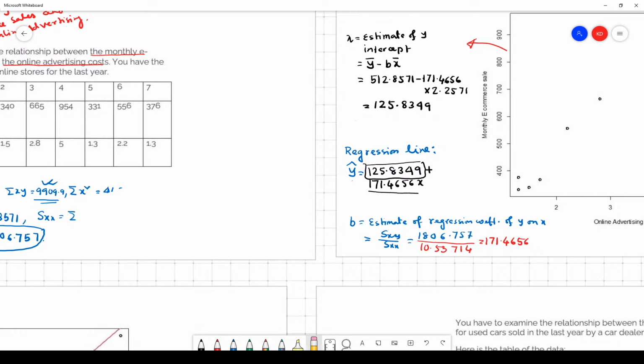So this is the interpretation of the result. First interpretation, that is the y-intercept.